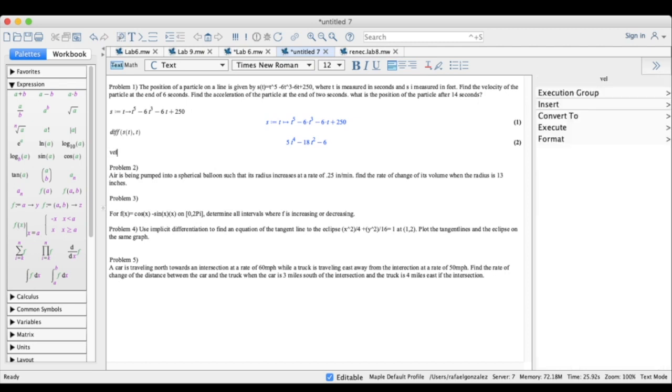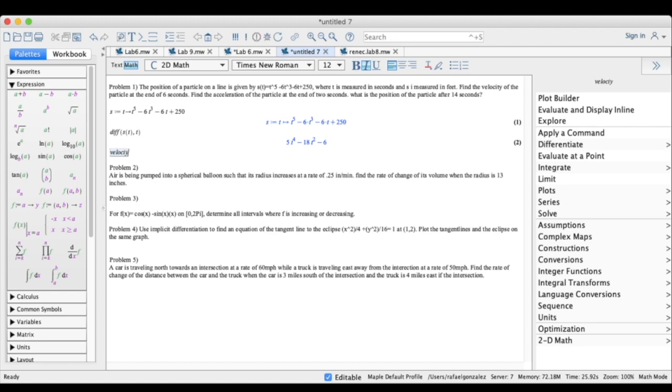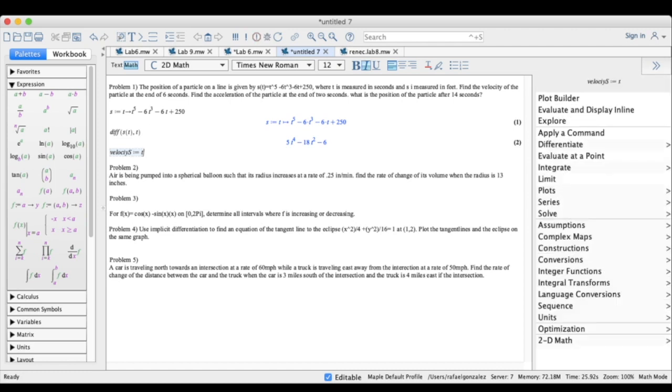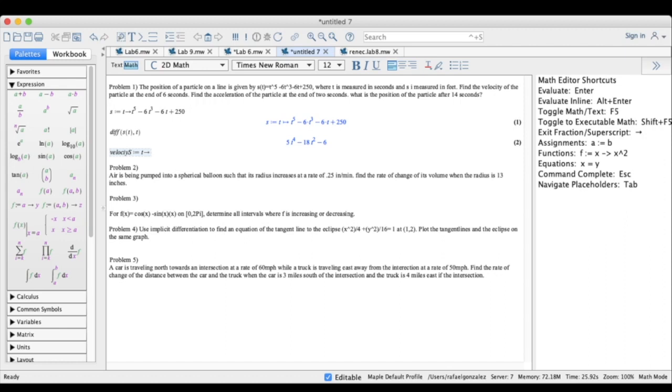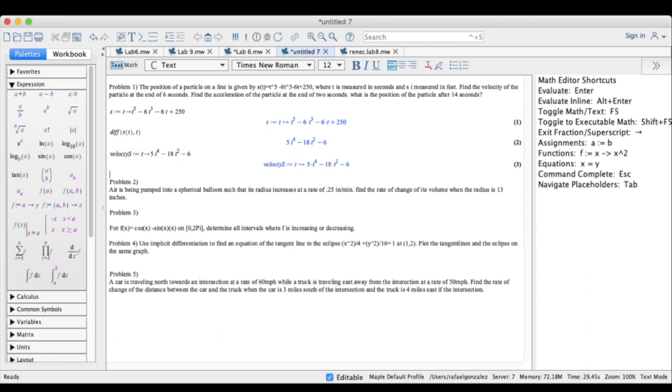So the velocity, and make sure that you are again in math mode, velocity of s is given by, as t goes to the following, 5t to the 4 minus 18t squared minus 6. So that is the velocity of s.